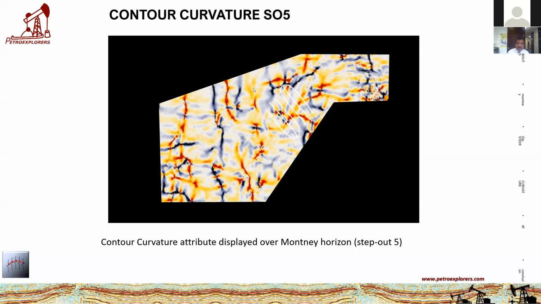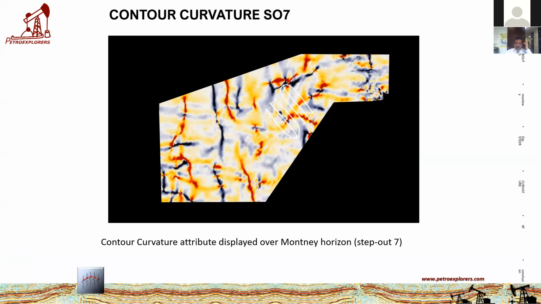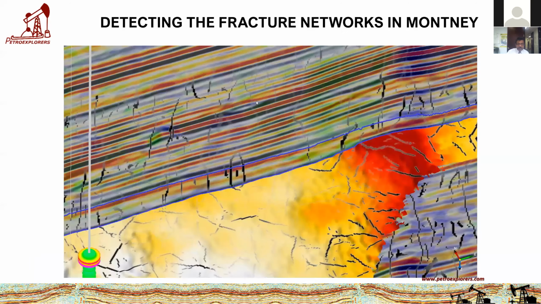And so that was quite interesting to see that these are not the regular volume curvature attributes, but the contour curvature attribute, which was really making more sense, especially when you filter at a larger step out.